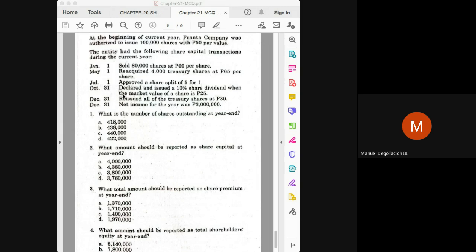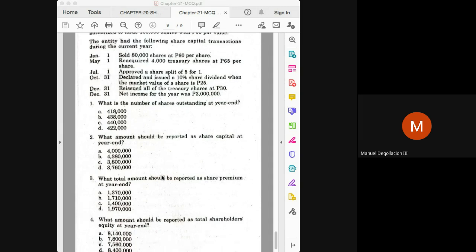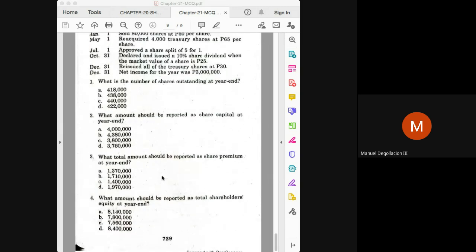Okay, and then the share premium from the reissuance of the treasury shares, the amount of 340. Your total share premium would be 800 plus 570 plus 340. That will give you 1,710,000.